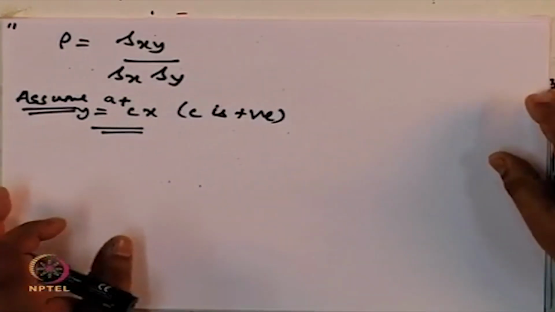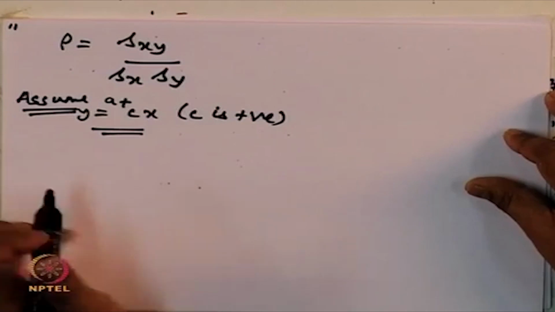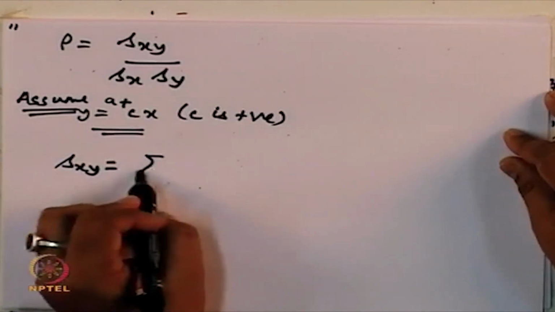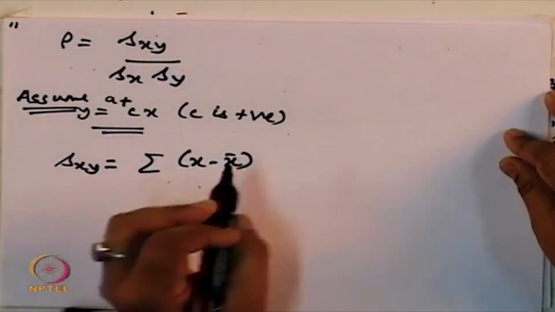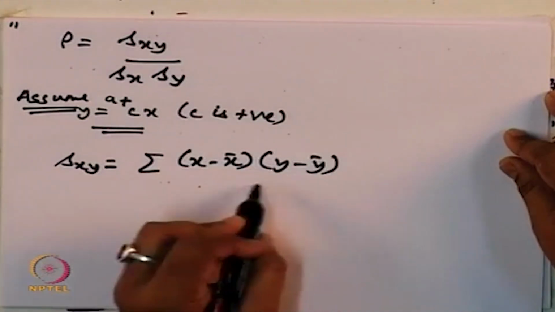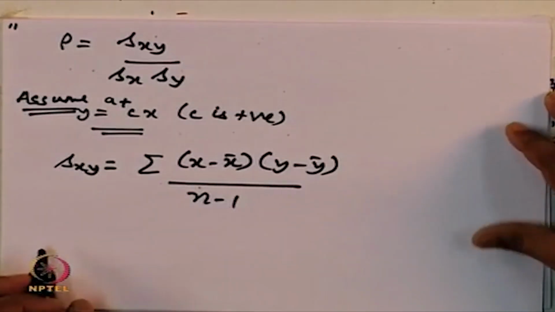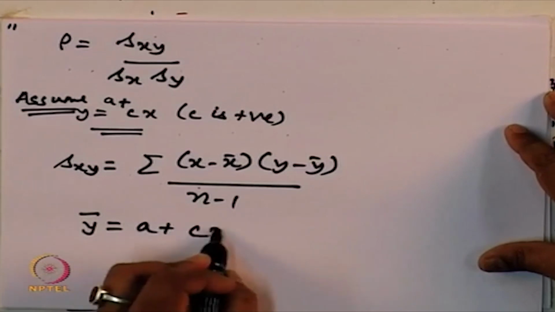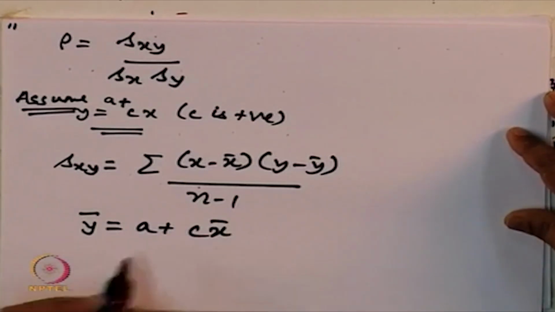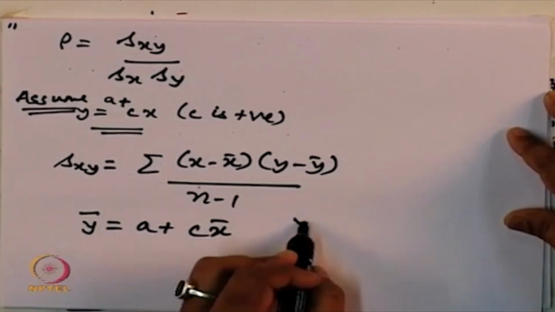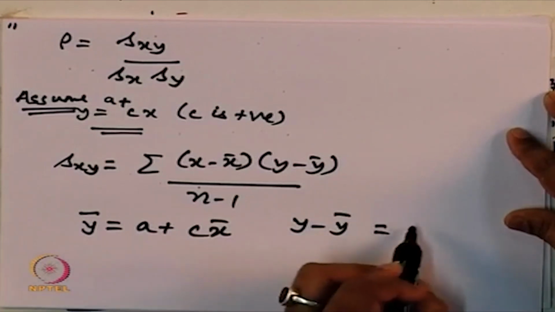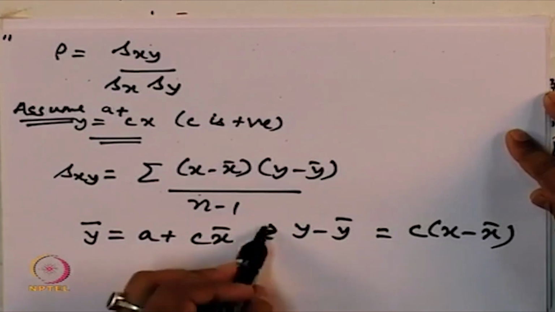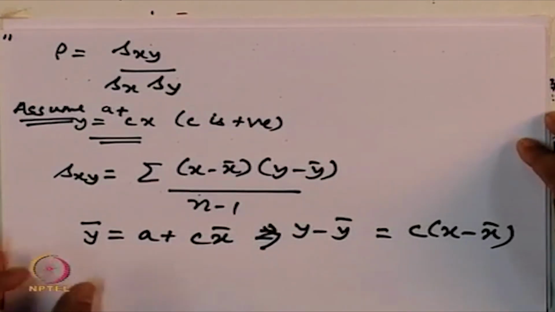If y is equal to A plus Cx, then my Sxy is defined as summation of x minus x bar into y minus y bar, divided by n minus 1. I know my y bar has to be A plus C x bar. From previous classes we had derived this equation. So, y minus y bar is nothing but C of x minus x bar.